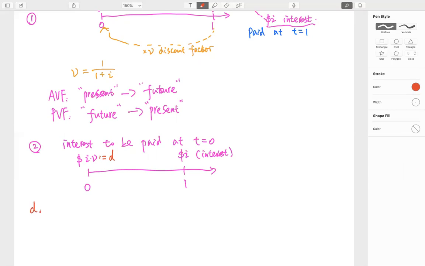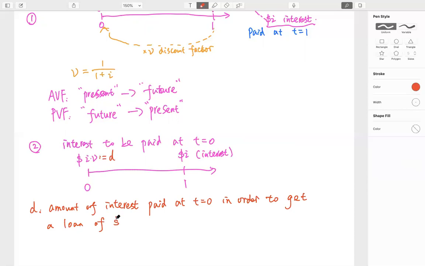D is nothing but the amount of interest paid at time 0 in order to get a loan of $1 for 1 year, right?